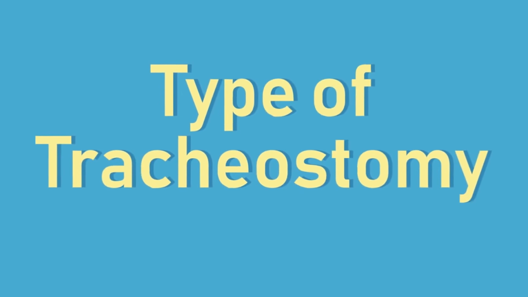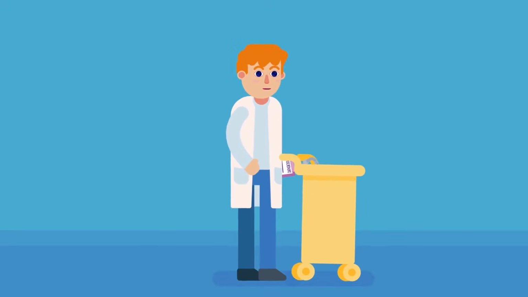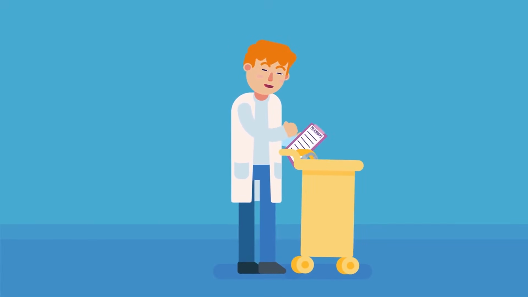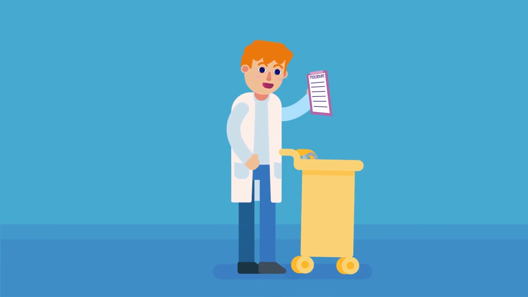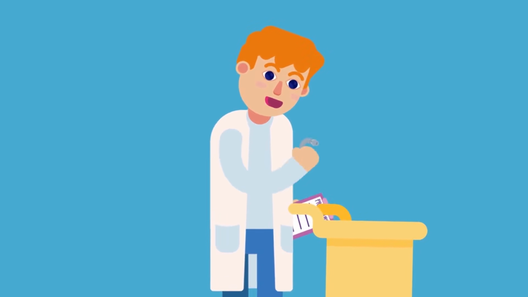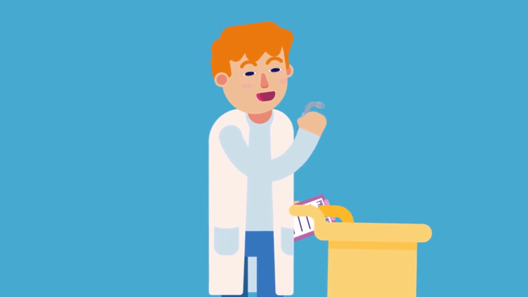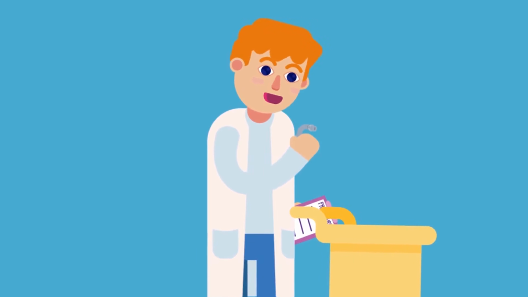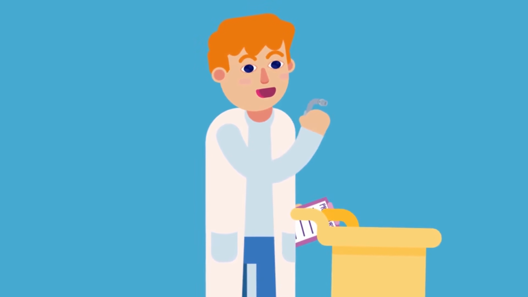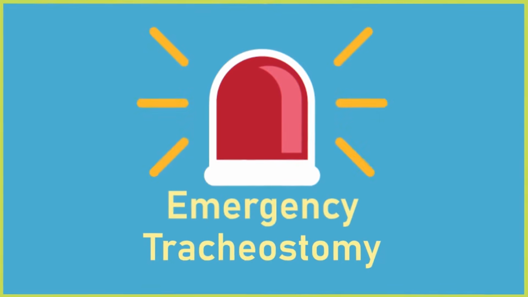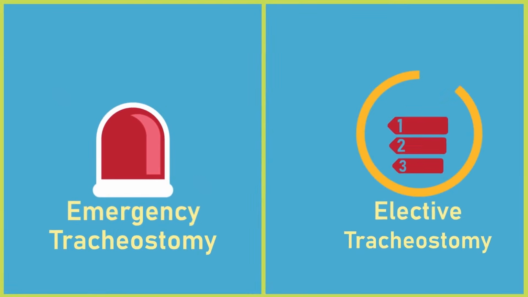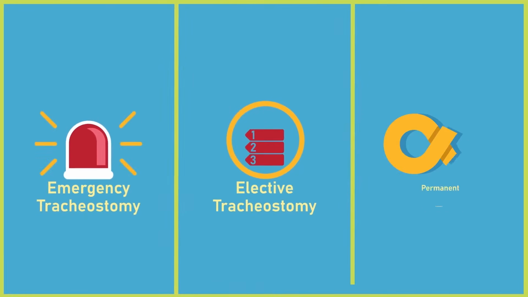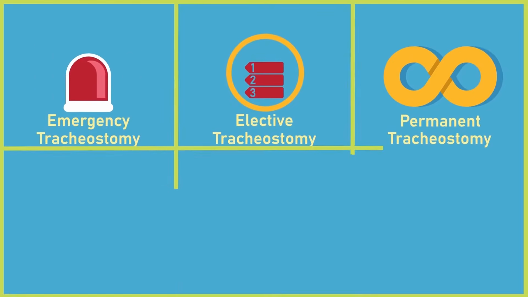Types of tracheostomy. There are various types of tracheostomy procedures, depending on the circumstances of the patient and the treatment intent. Similarly, there are various types of tracheostomy tubes, each with specific functions. The common types of tracheostomy procedures are: 1. Emergency tracheostomy, 2. Elective tracheostomy, 3. Permanent tracheostomy, 4.